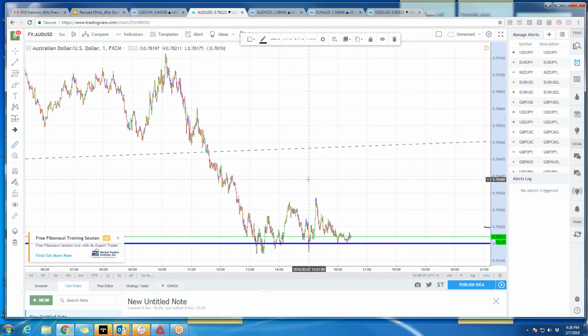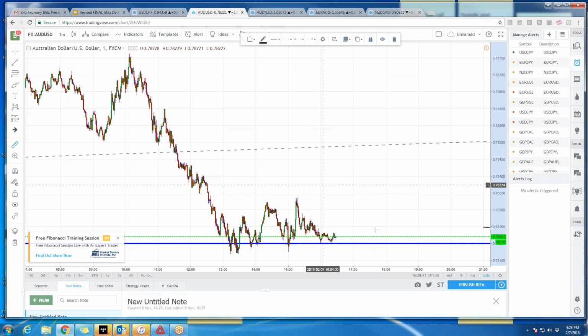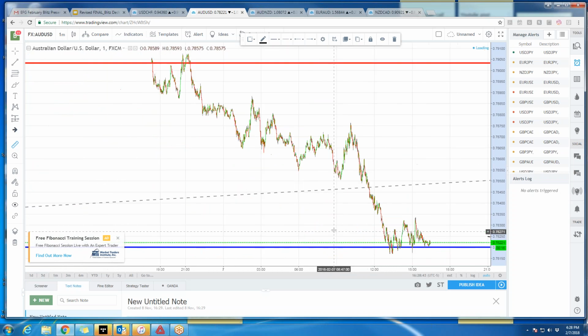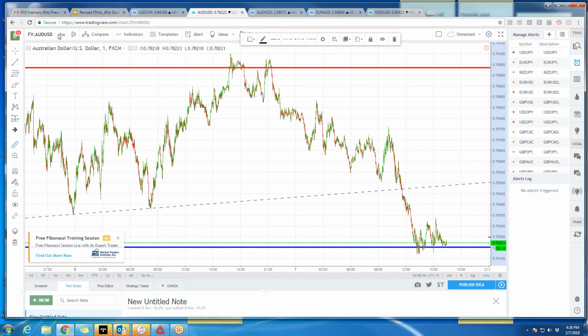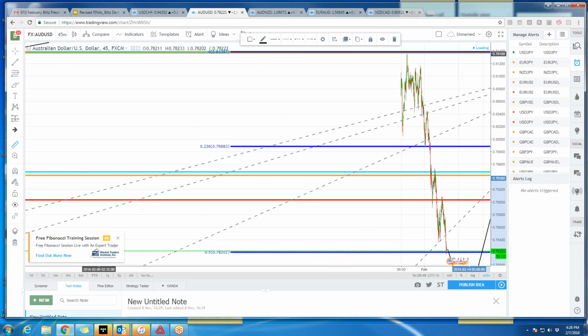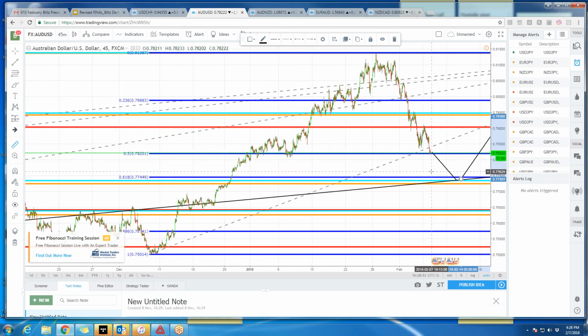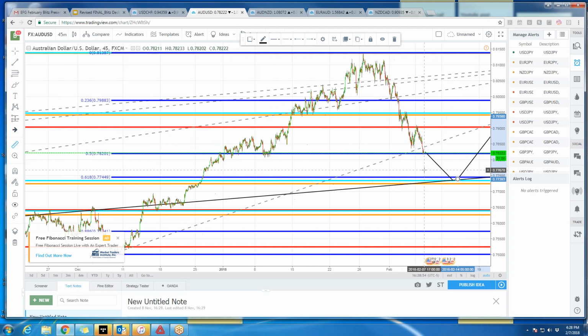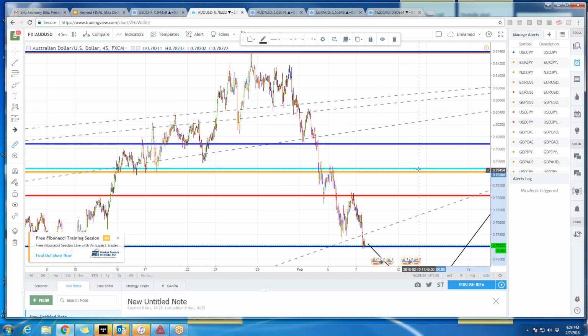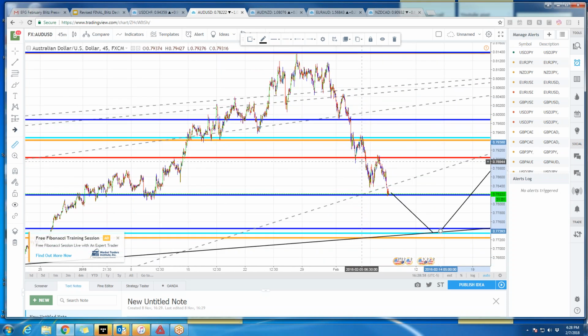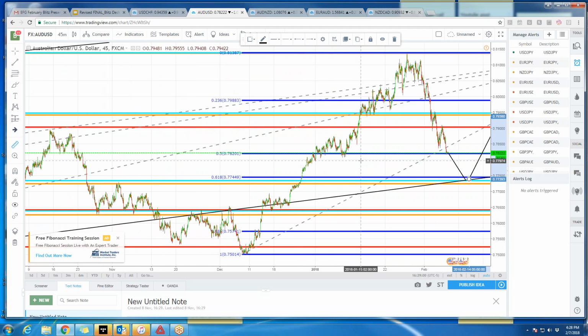I am really in this AUD USD. Something's gonna happen, and something's gonna happen really nice. I just hope I'm in on it. But if the trend is my friend, then that should be going well.